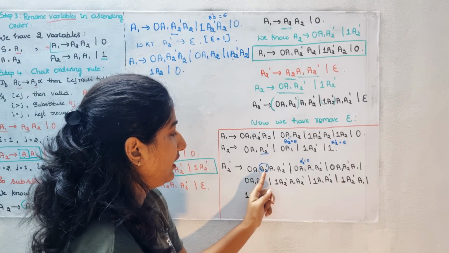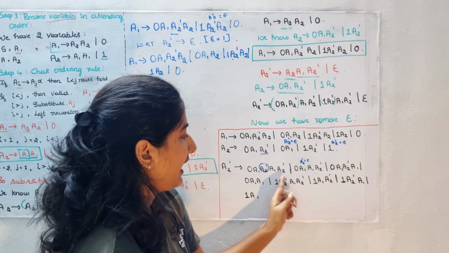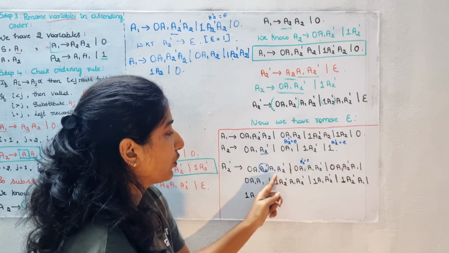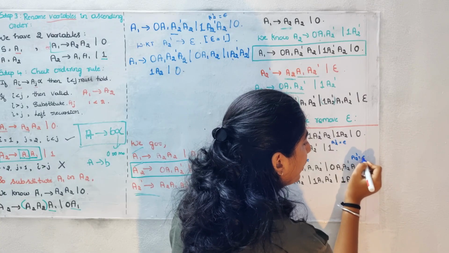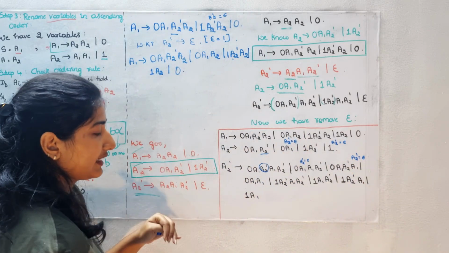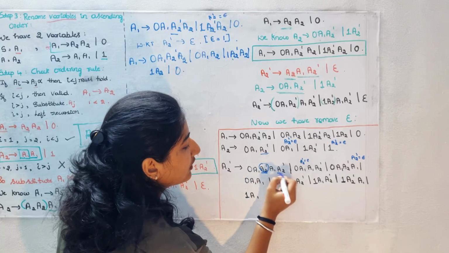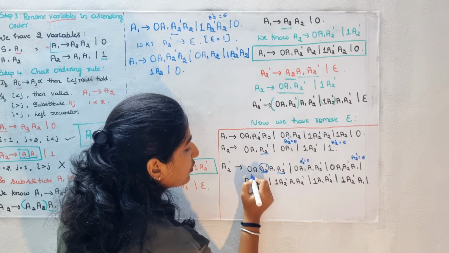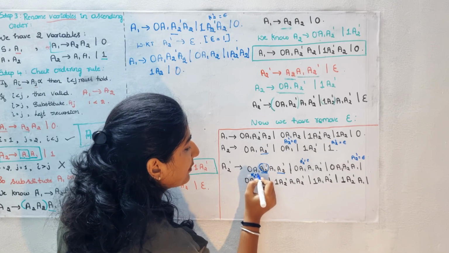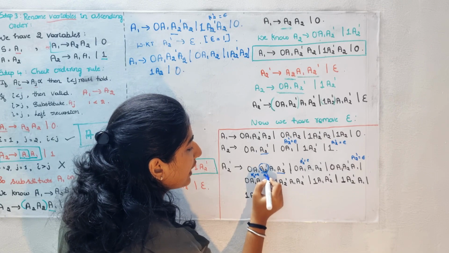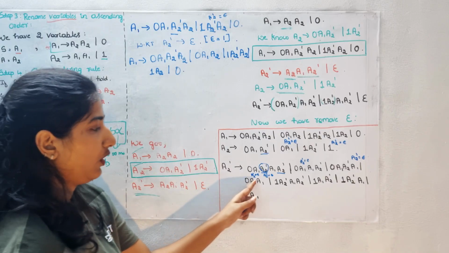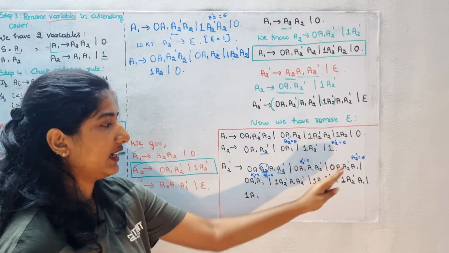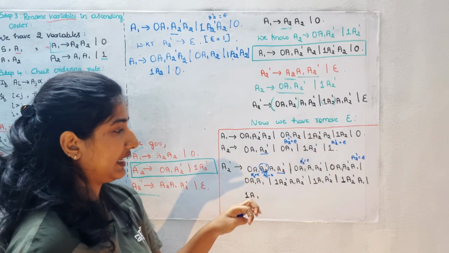So 0 A1 A2 dash as it is, and then A1 as it is. So this A2 dash I am keeping it as epsilon. Clear? In the next case I am keeping both these as epsilon. So A2 dash equals to epsilon, and here also A2 dash equals to epsilon. So the equation will be like this: 0 A1 A1. So here we took all the possible cases.